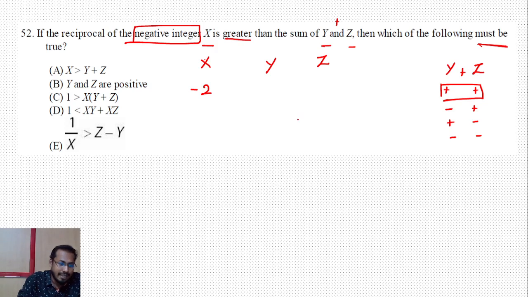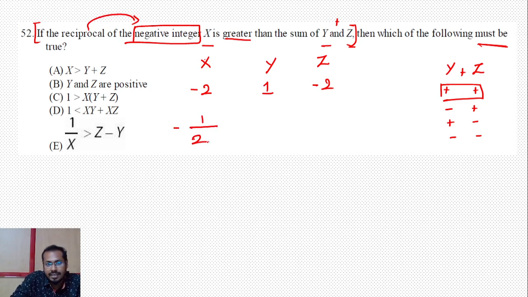Let's take some numbers for this. I'm going to plug in some values. Let's take y is +1 and z is -2. The first step is to apply these numbers to the question's condition. If these numbers satisfy the inequality, then I can try them with the options. They say the reciprocal of a negative integer, that means of -2 the reciprocal is 1 by -2.